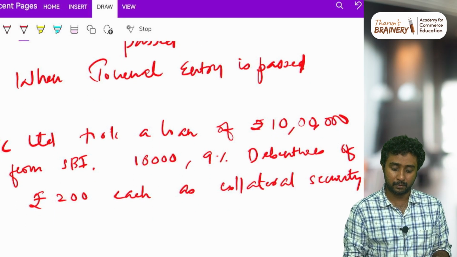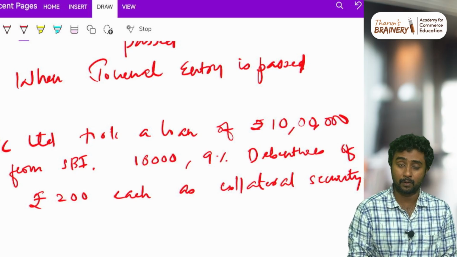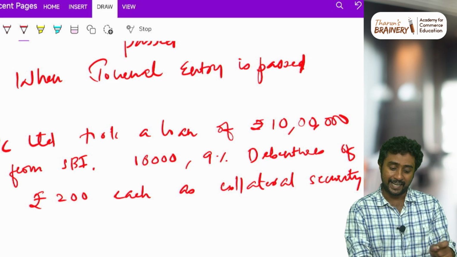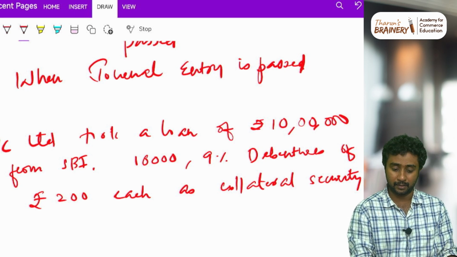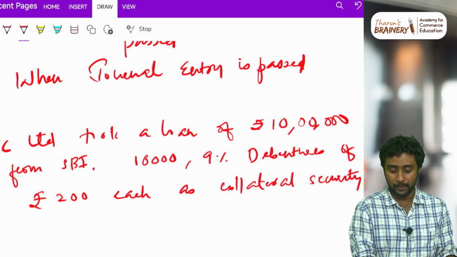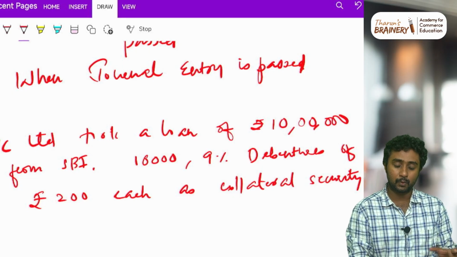So the situation is: we are taking a loan of rupees 10 lakh, and we are giving 10,000 9% debentures. You know what the 9% rate is? 9% indicates the interest on the debentures, and they are of rupees 200 each, as collateral security. So how should we record it?